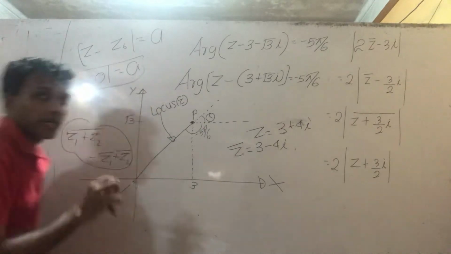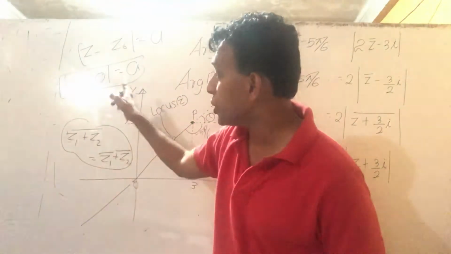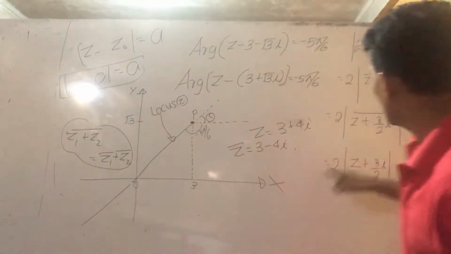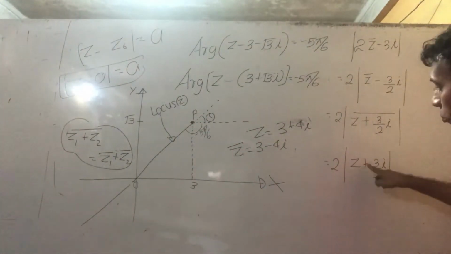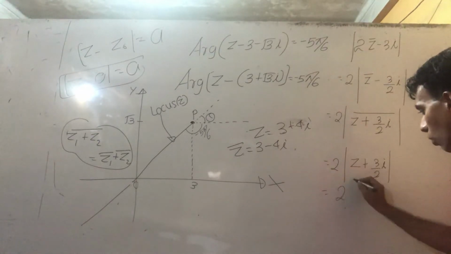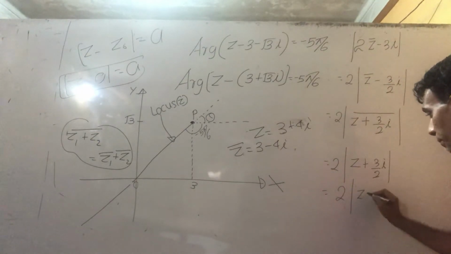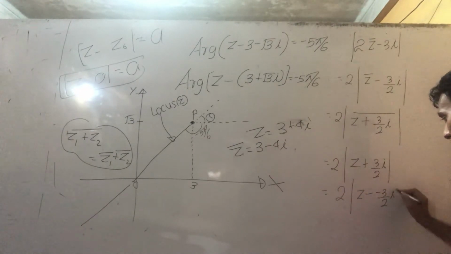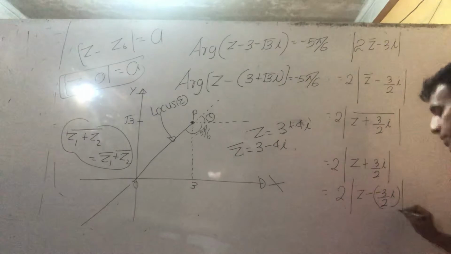Study this: that's the distance from the origin to that particular complex number z. Therefore, you need the minus symbol here, not plus. So I change that to |z minus 3 over 2i|. Very important, study that.